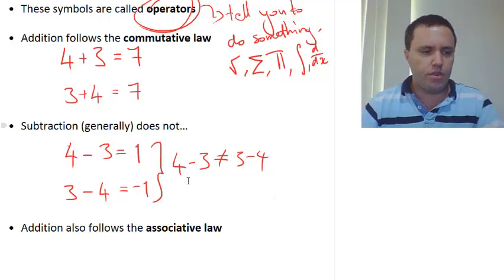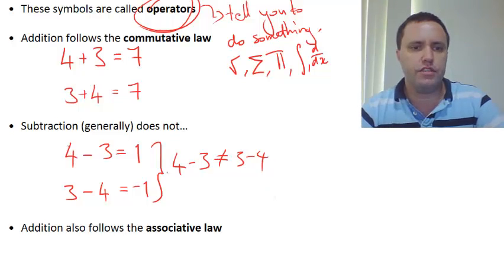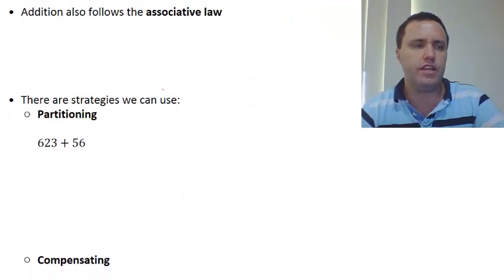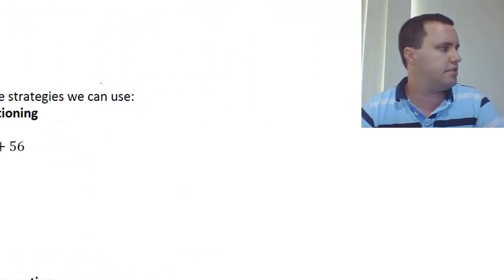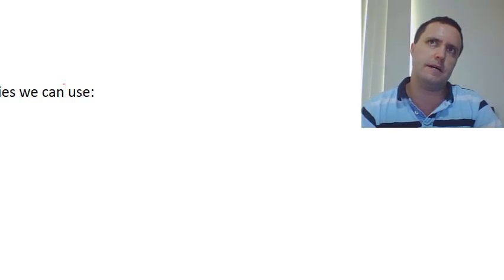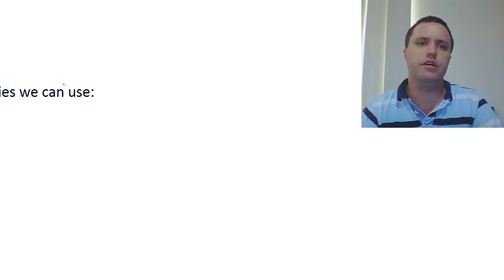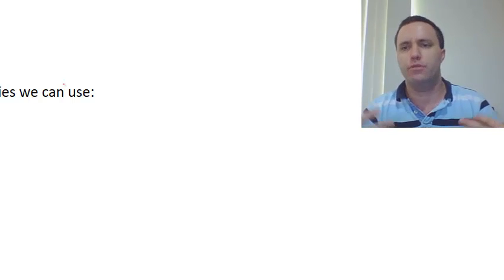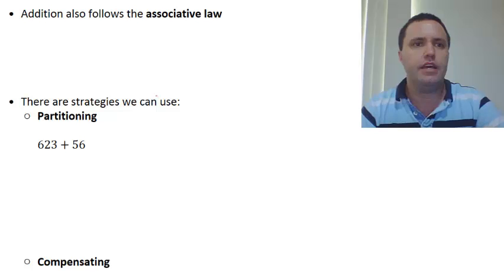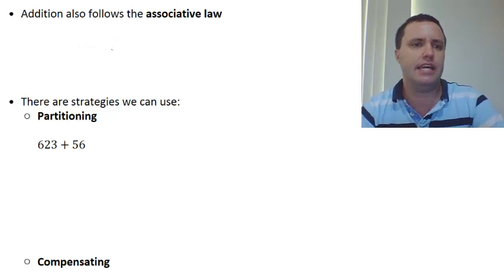Right. Addition also follows something called the associative law, which is fairly similar. As I've said before, these laws we're looking at here are probably dirt simple laws for you. You've probably seen them or used them without even thinking about it. The associative law means we can add things in any order.